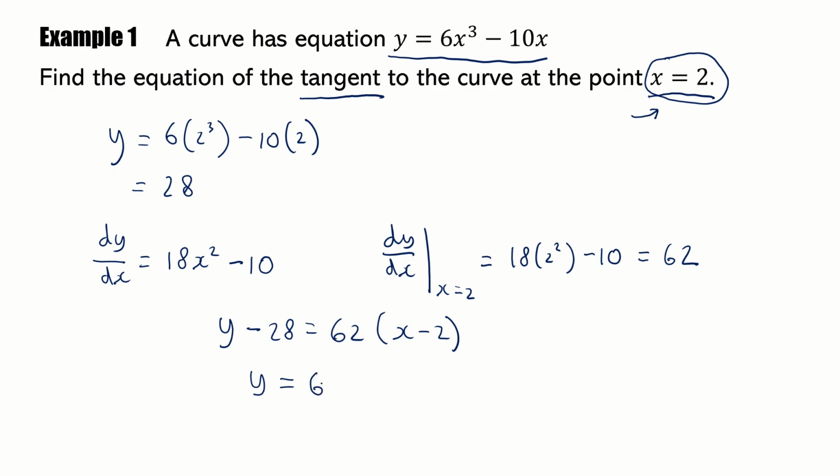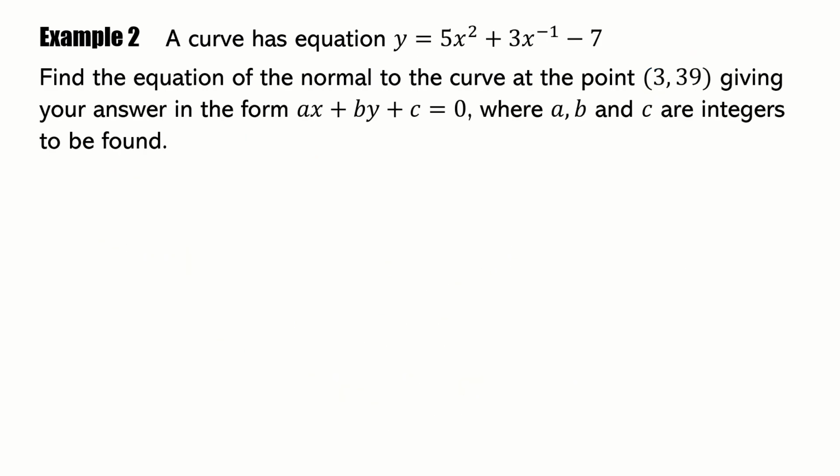So we're going to have 62 lots of x minus 124 plus 28 after moving on to the other side, meaning we get a final answer of y equals 62x minus 96. And there we go, first example done. On to the second example.